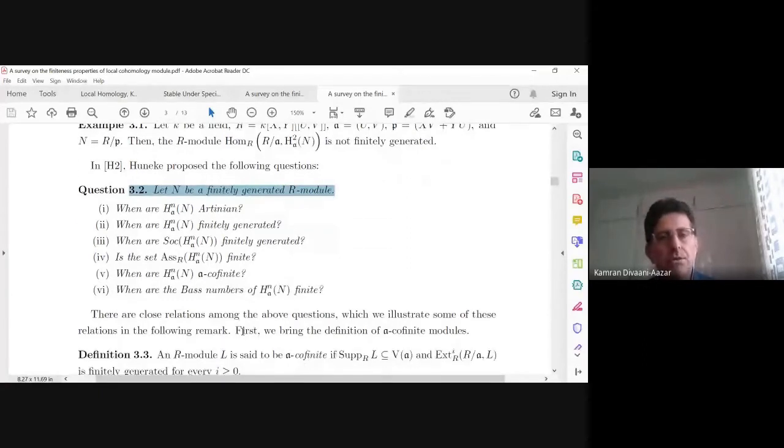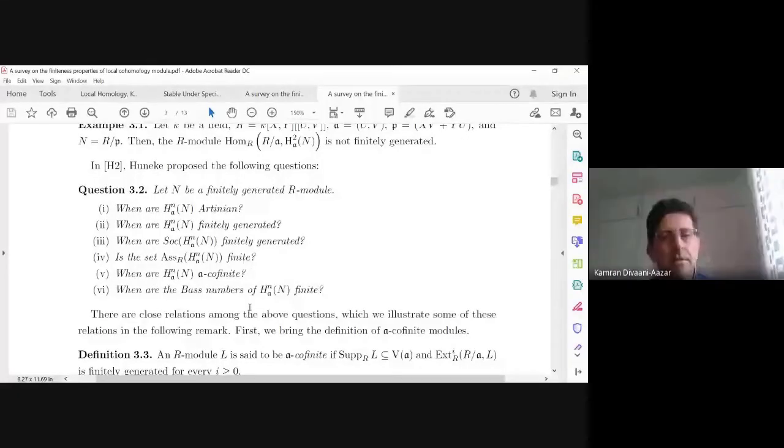These notions, being Artinian, being finitely generated and finiteness of Bass numbers, are not independent of each other, and there are close connections between these notions. I will reveal these connections in a remark soon.